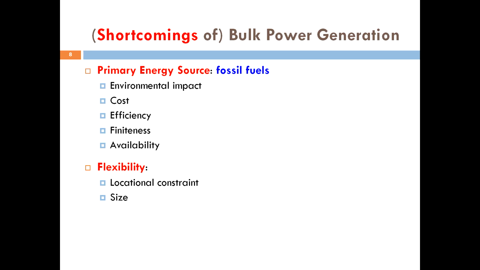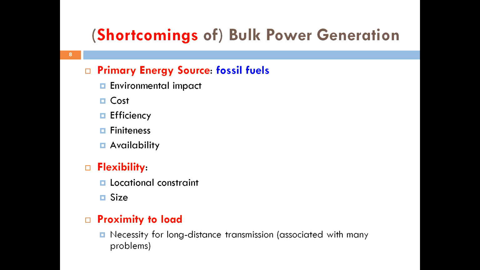So there is a locational constraint, which brings about other issues as well. Then the fact that it's far from the load center means that there is a necessity for long-distance transmission, which is also associated with its own issues.